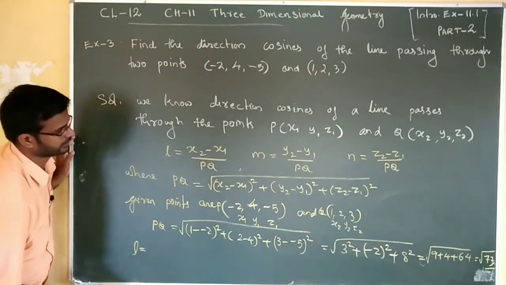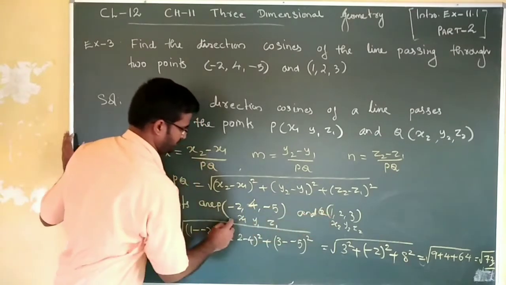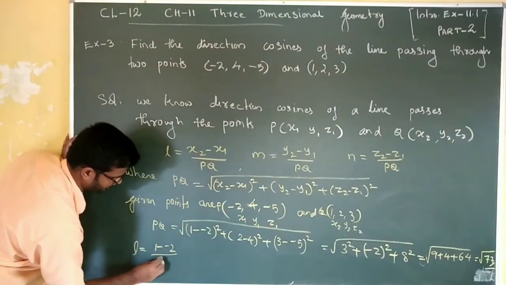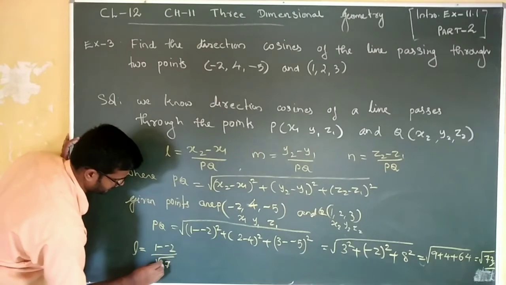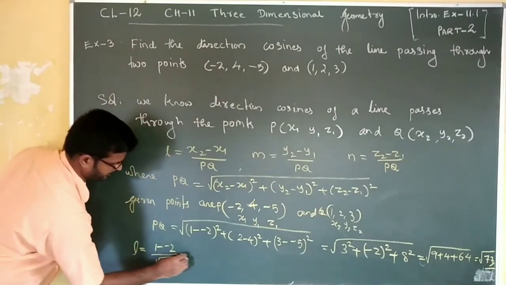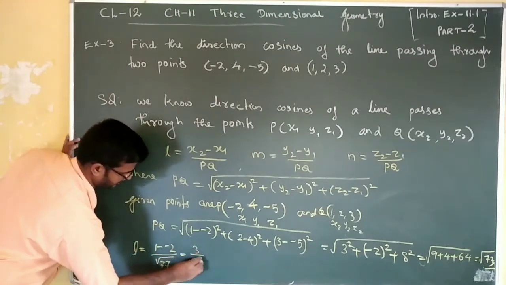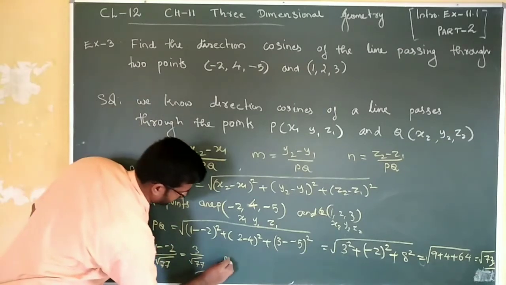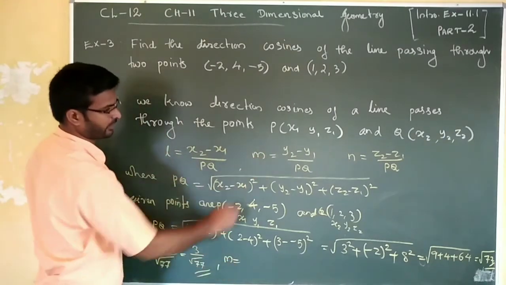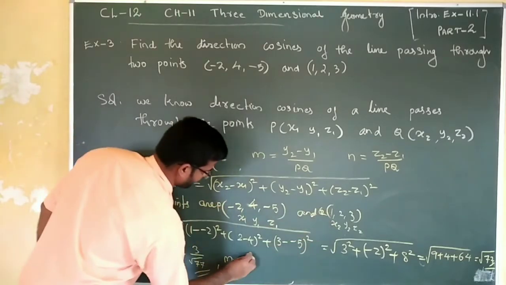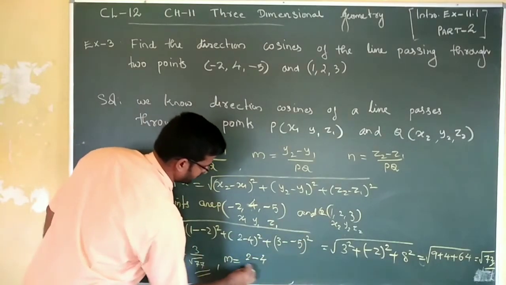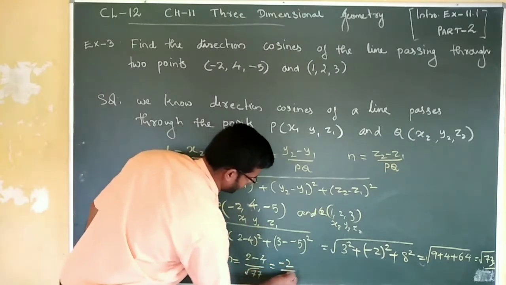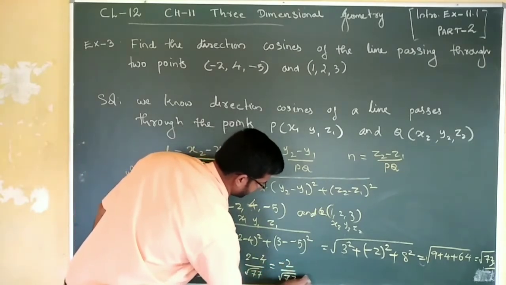Then we can do x2 minus x1: 1 minus minus 2 divided by root 77, equal to 3 by root 77. This is our l. m means y2 minus y1: 2 minus 4 divided by root 77 is minus 2 by root 77.